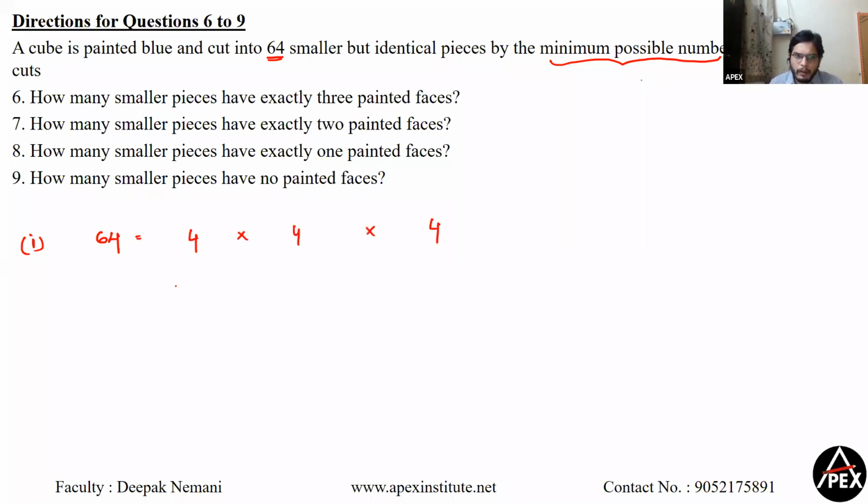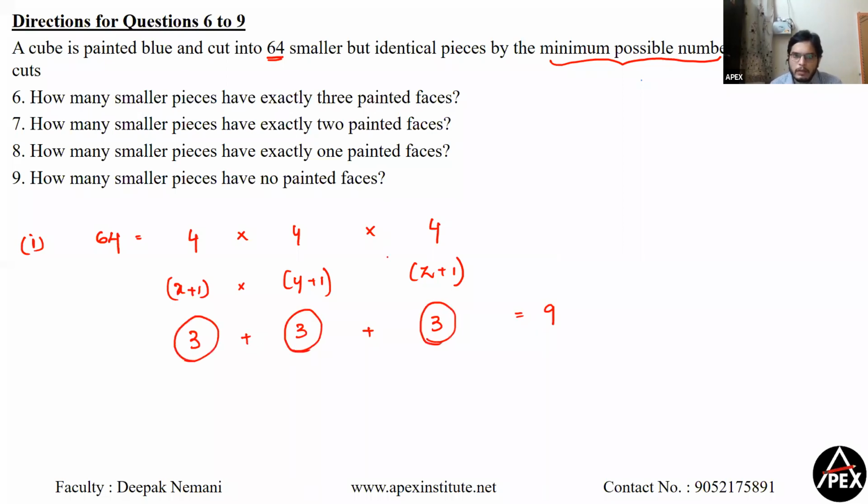Now compare this with x plus 1 into y plus 1 into z plus 1. So the value of x will be 3, value of y will be 3, and value of z will be 3. So minimum number of cuts will be 9. And these 9 cuts should be distributed among 3 directions equally. This should be the first logic.